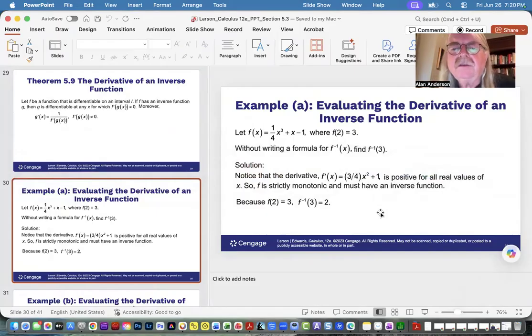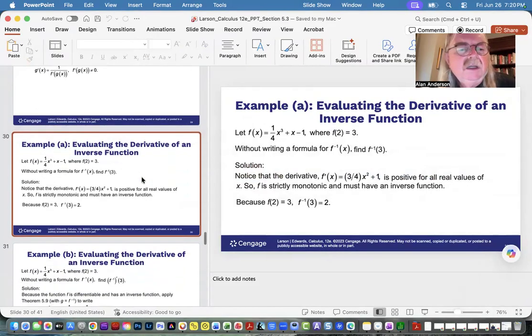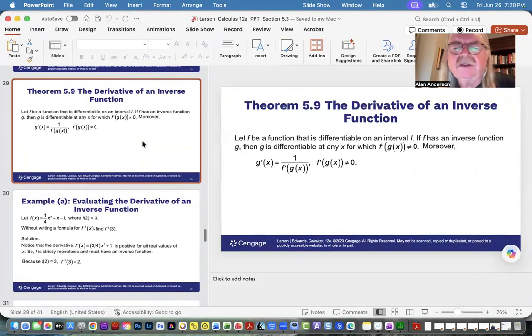But they don't want us to solve for the inverse. So I guess what they want us to do is this instead.